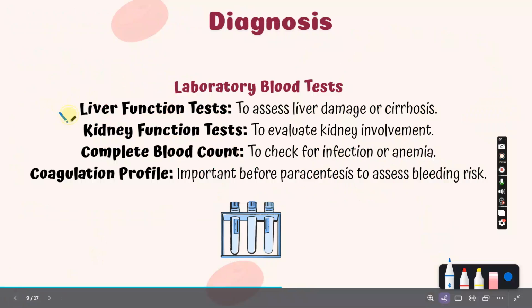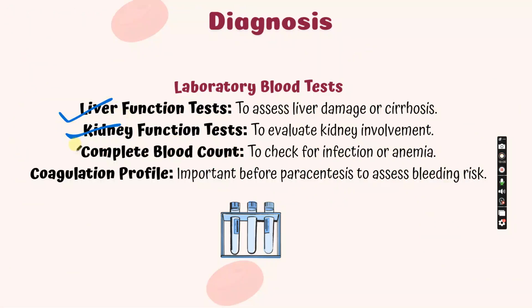Then we can do other tests like LFT, kidney function test, and complete blood count to detect an infection or anemia. Kidney function test is to see kidney involvement, and liver function test to determine the liver damage or cirrhosis. Coagulation profiles are done in order to detect any kind of bleeding risk.